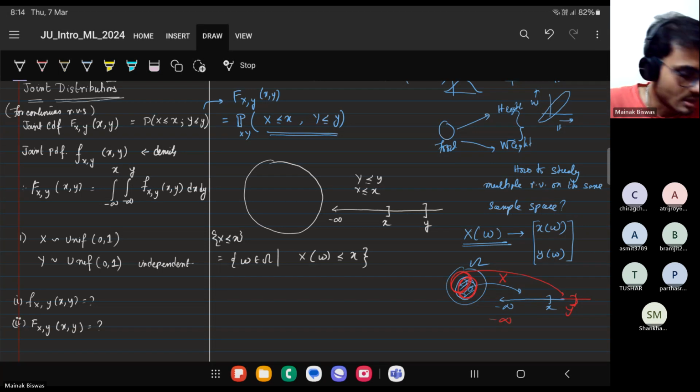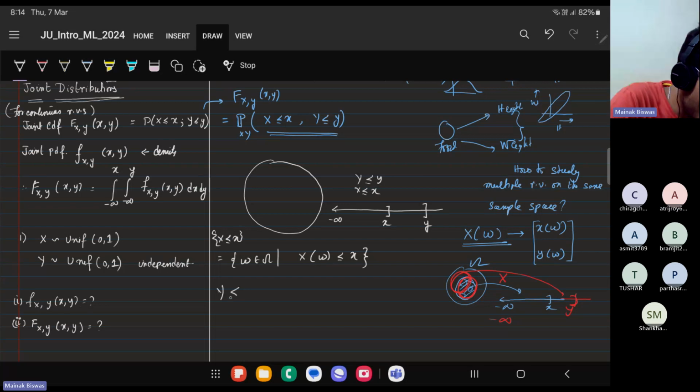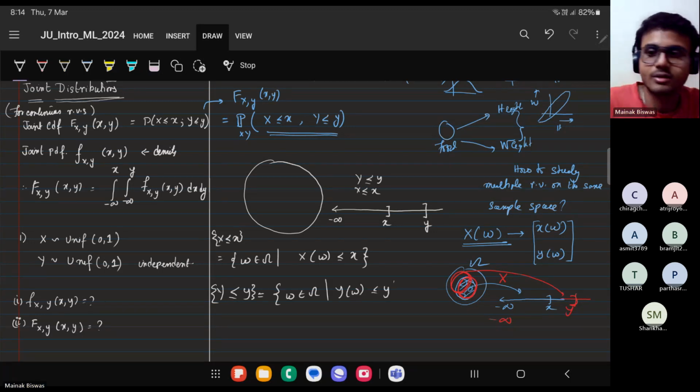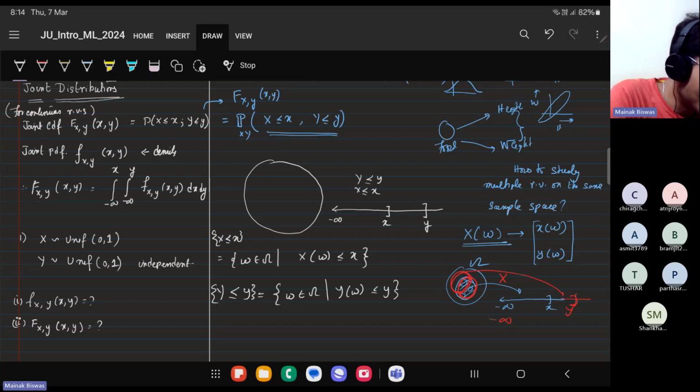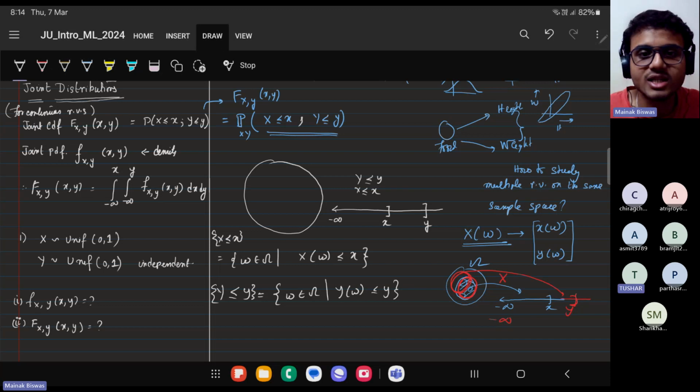So what would Y less than y mean? I'll give you the Venn diagram also, but let us write the set first. It would mean the same thing, right? Y of omega less than y. So what would both of these mean? When I write a comma b for joint events, I already redefined it when I was defining my Bayes rule, right?